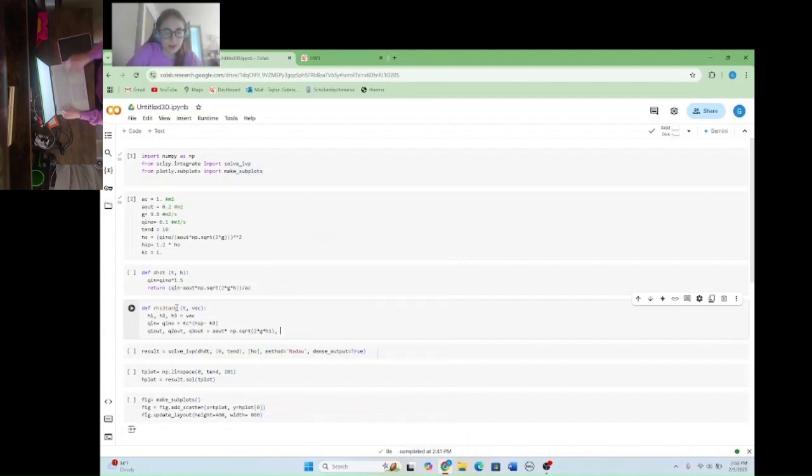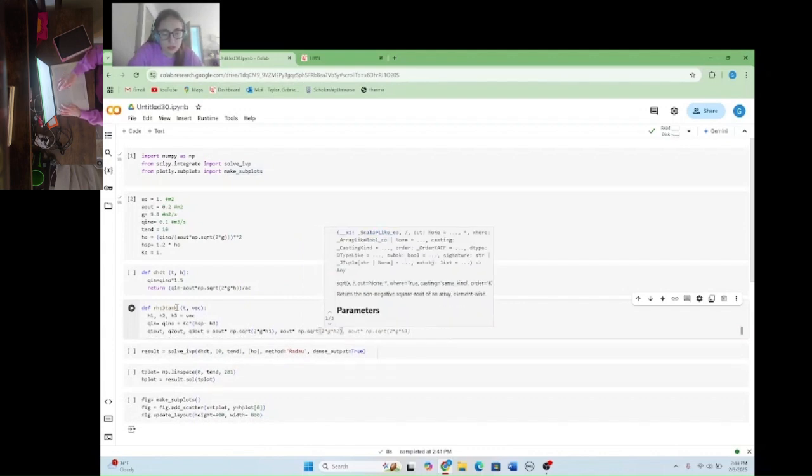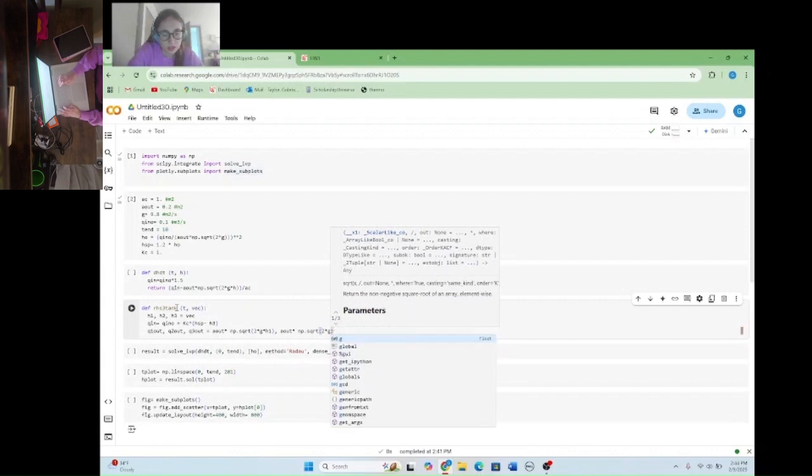And then the next one is A out times np.sqrt of 2 times g times h2.